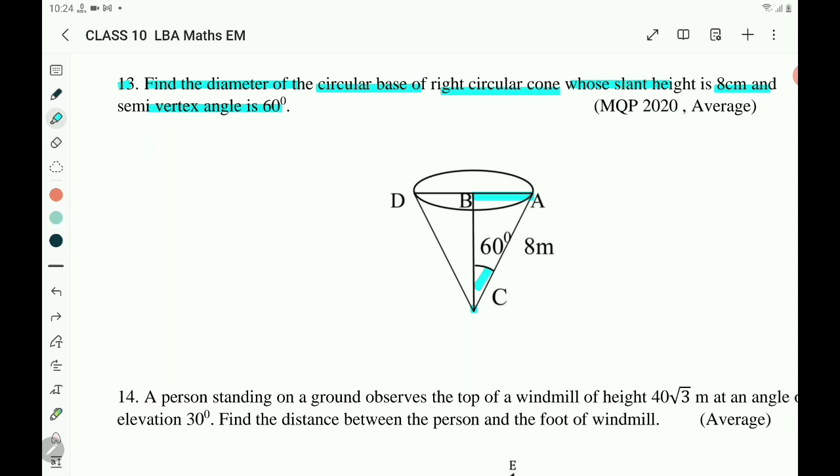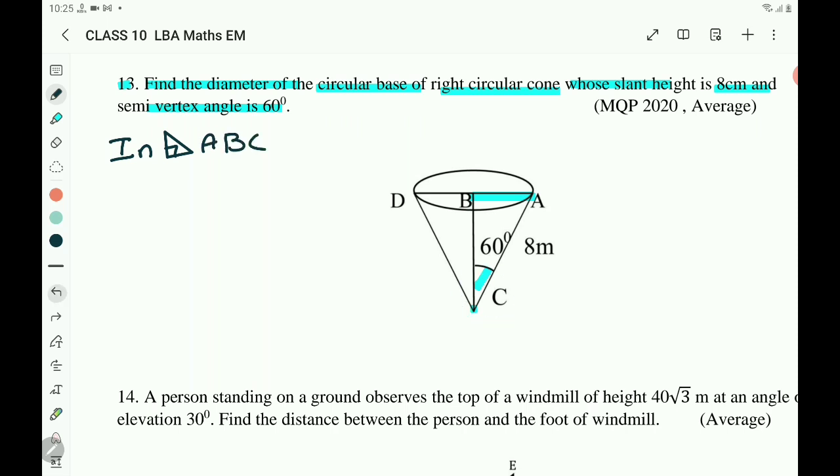So BC is perpendicular to AB. Triangle ACB is a right angle triangle. Then you write the name of the right angle triangle, right angle triangle ABC.